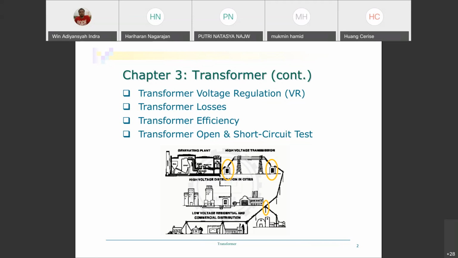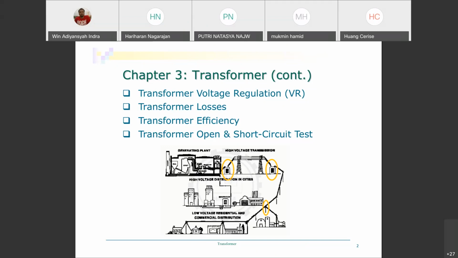As you know, if we send a voltage from one point to another point, it will reduce along the distance. So the longer the distance, the voltage will decrease. For example, from the TNB office to residence, there must be distance.